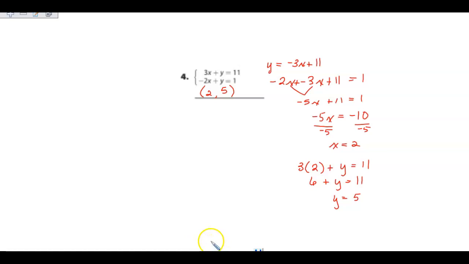Another way to see if these both work is, I know that 2 and 5 worked for my first equation. Let's try it on the second equation. So if x is 2 and y is 5, does it equal 1? So that's negative 4 plus 5. That's 1. Does 1 equal 1? Yes, it checks out. So yes, this is a solution to this series of equations.